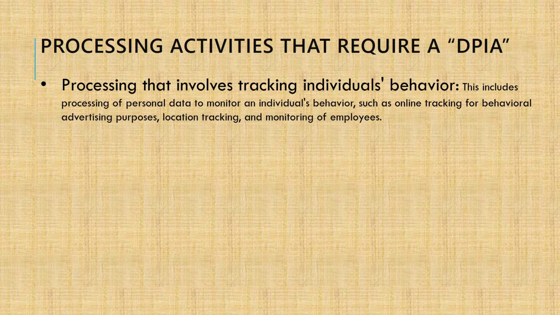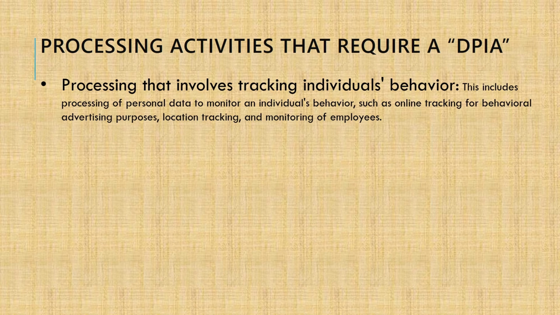Monitoring employee activities such as email and internet use through some software tools, on a large scale. Location tracking. If you are tracking individuals' location data through GPS devices or mobile phones on a large scale. Online behavior tracking. Collecting and analyzing individuals' online behavior such as browsing history and search engine queries on a large scale.